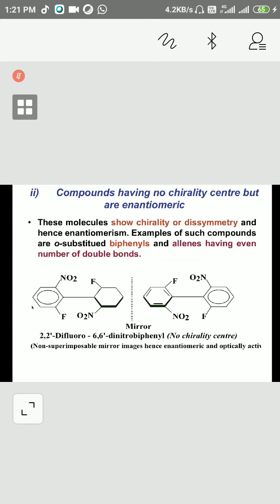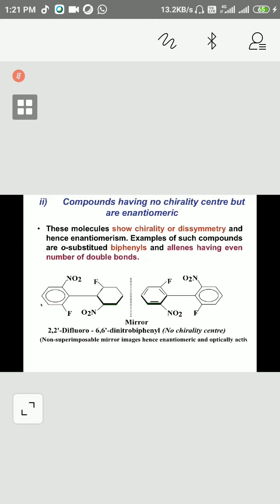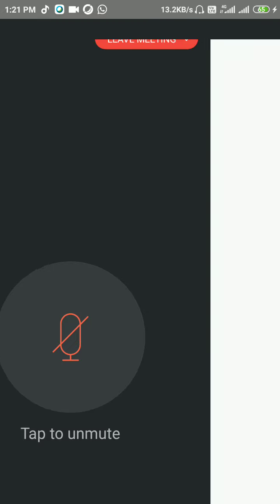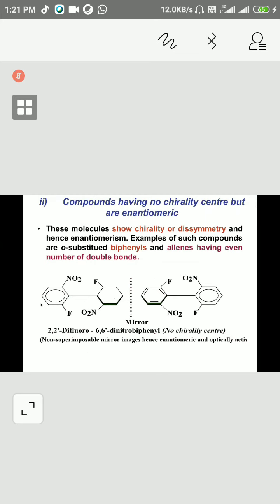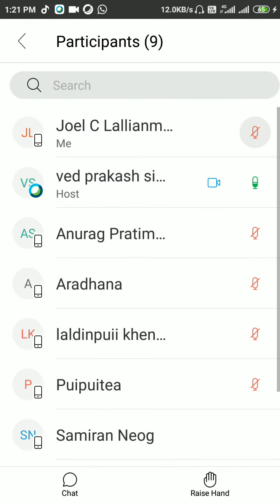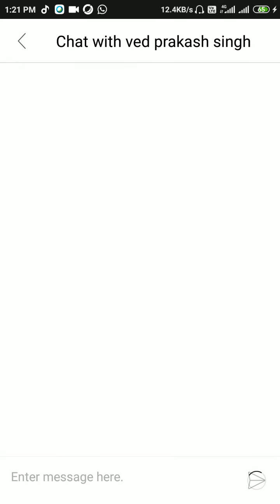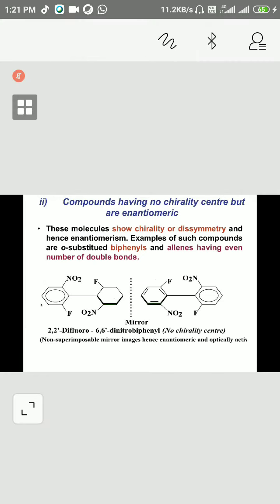Another example is allene. Allene means continuous double bonds. Due to the sp hybridization of the central carbon, two pi bonds form perpendicular to each other, and thus the two groups attached to the terminal carbon atoms are orthogonal. Due to this arrangement, the molecule of allene is devoid of symmetry and hence is chiral. Just like the previous example, allene is also like that. This is the mirror image.